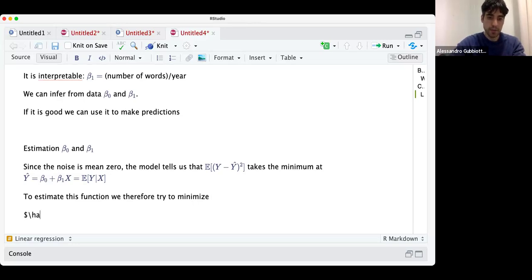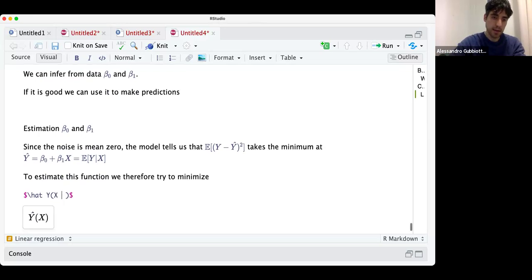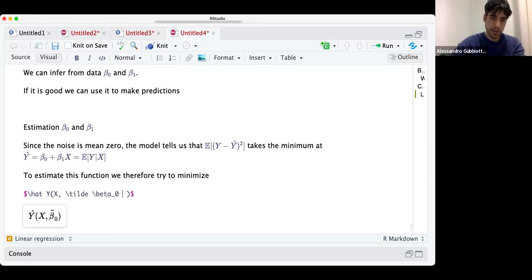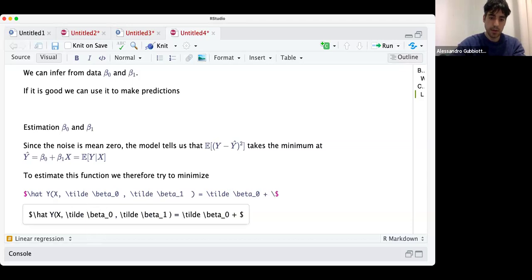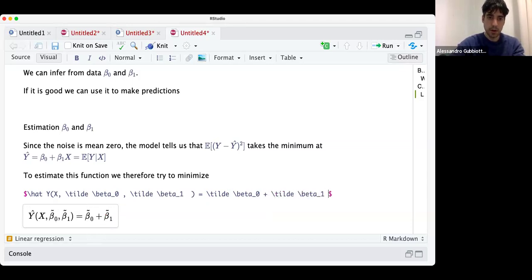We take this function, which depends on x, and call it with another name: tilde beta 0 plus tilde beta 1 x.